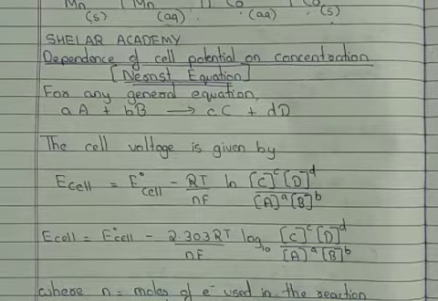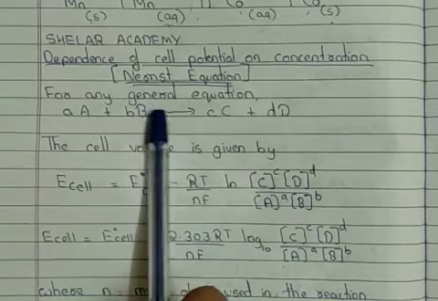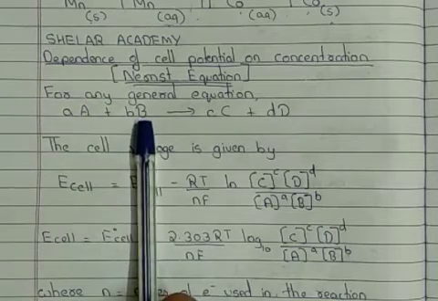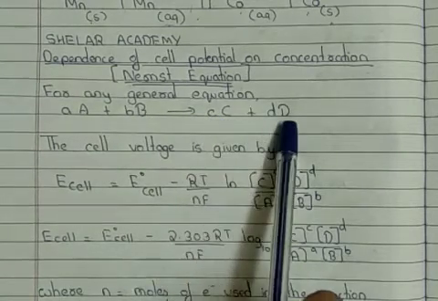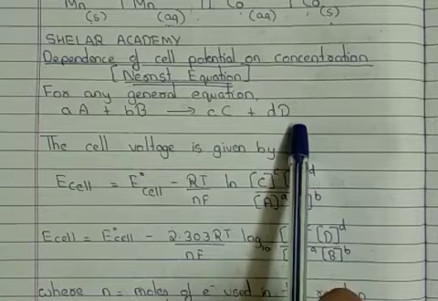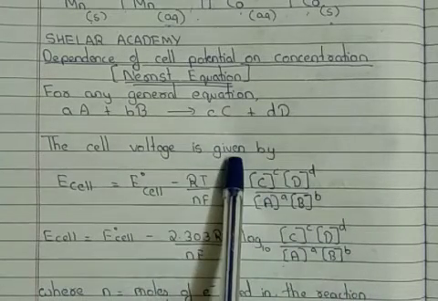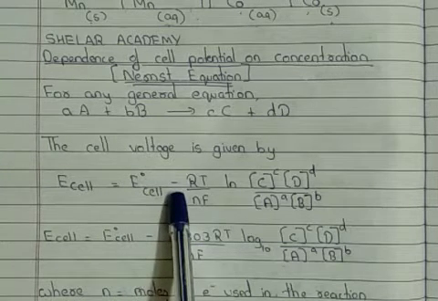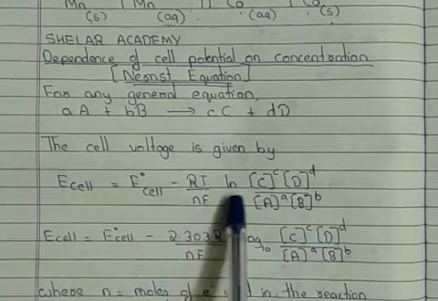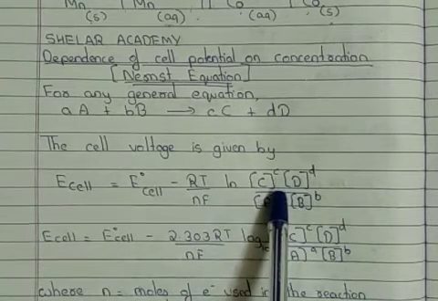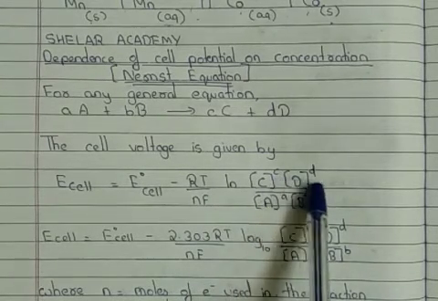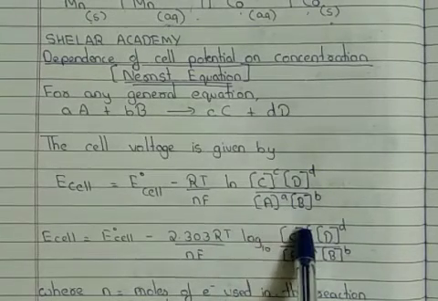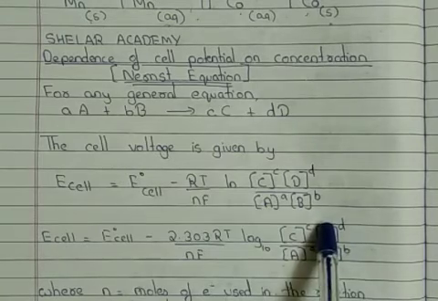For that, we consider a general reaction: a moles of A combines with b moles of B to give c moles of C plus d moles of D. According to Nernst equation, the cell potential is equal to standard cell potential minus RT upon nF ln of concentration of C raised to the power c into concentration of D raised to the power d, upon concentration of A raised to the power a into concentration of B raised to the power b.